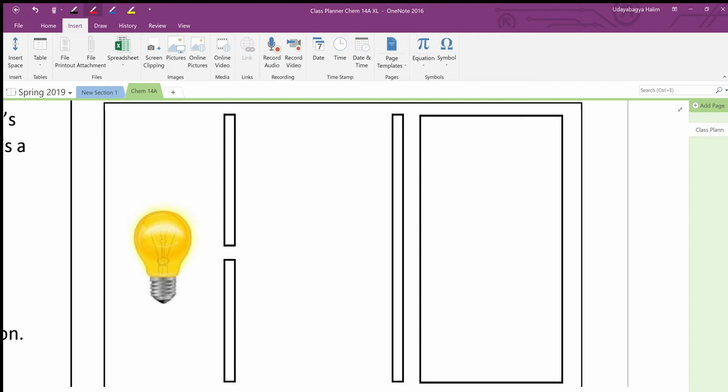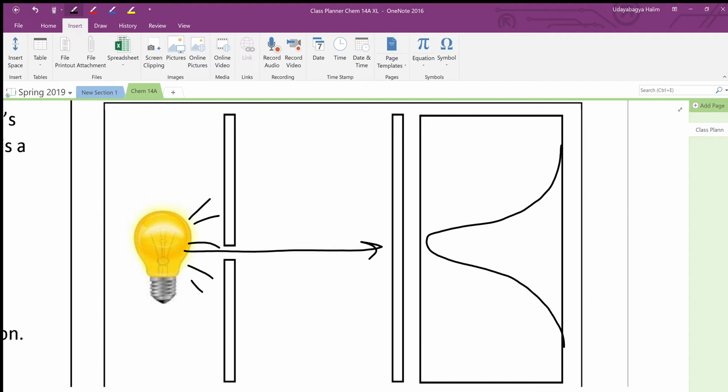You have a light source and you make sure that the opening is fairly small, and what you see is that the light arrives with more or less the same distribution like that. If you only have a single opening, this is what you'll see: right in front of the hole is bright, then it dissipates and gets darker and darker.